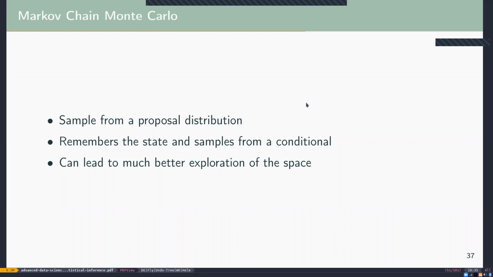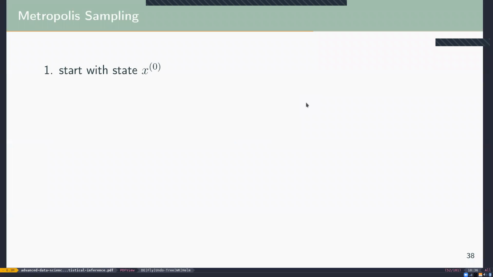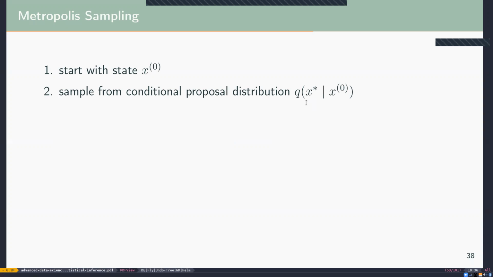Now you can start thinking about notions of exploration. You remember the state that you drew from previously. So you start off with some form of state. I draw a sample and I have some state x0. Then I have this proposal distribution that I can draw samples from. That's conditional. So that says now I'm going to draw a new place x star.